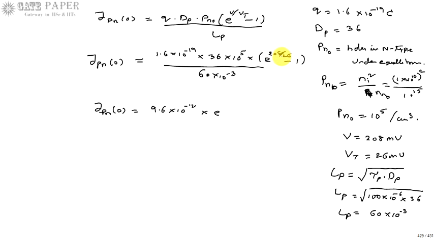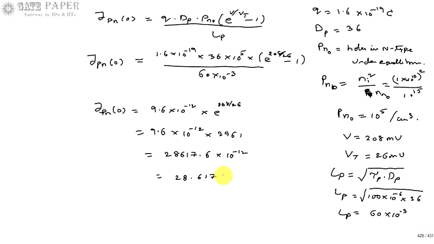E power 208 by 26 is very, very large compared to 1, so you can neglect the 1. That value of e power 208 divided by 26 is going to be 10 power minus 12 into 2961, and the multiplication yields 28617.6 into 10 power minus 12. So this will be equal to 28.617 into 10 power minus 9.